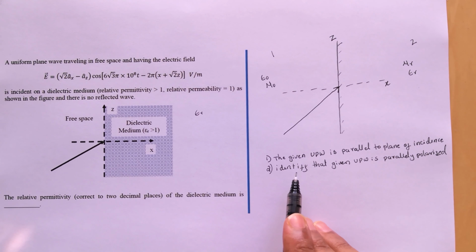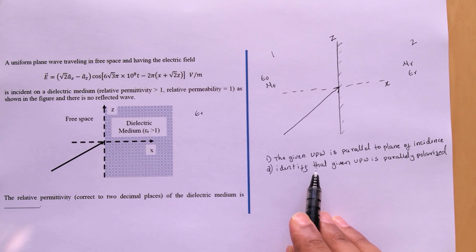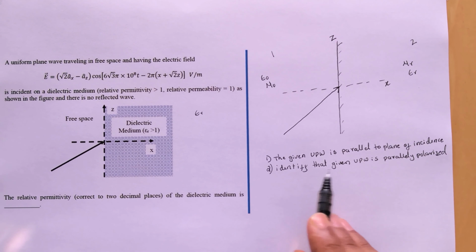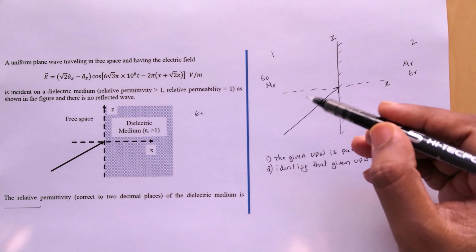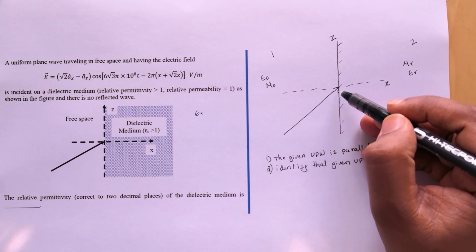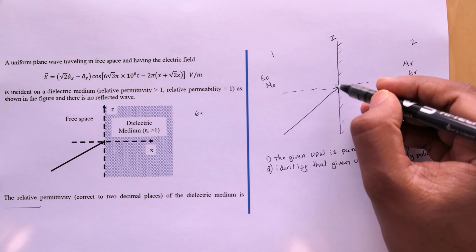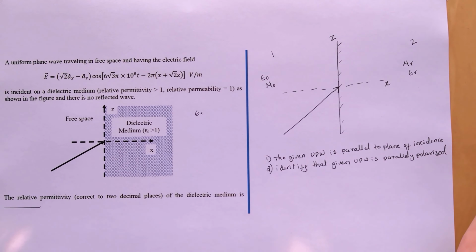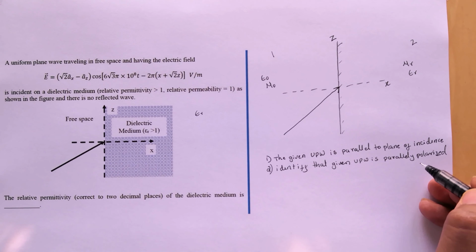Now, once you know that it is parallelly polarized, it means it has a Brewster's angle. So what is Brewster's angle? Brewster's angle is an angle at which there is no reflected wave for a parallelly polarized electromagnetic wave.